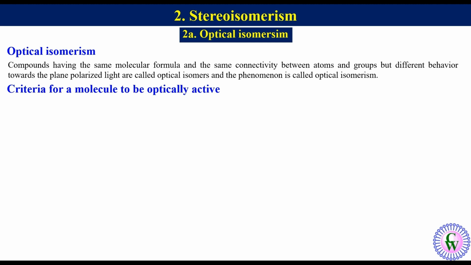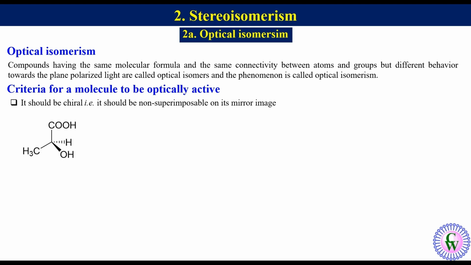For a molecule to be optically active, it should be chiral, that is, it should be non-superimposable on its mirror image. For example, lactic acid. One of the isomers can be drawn like this. If we put a mirror, this will be the mirror image of this isomer.